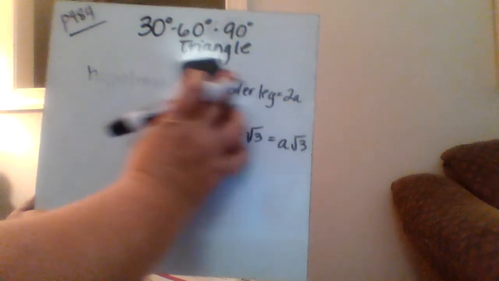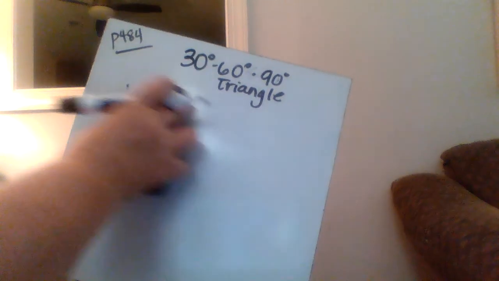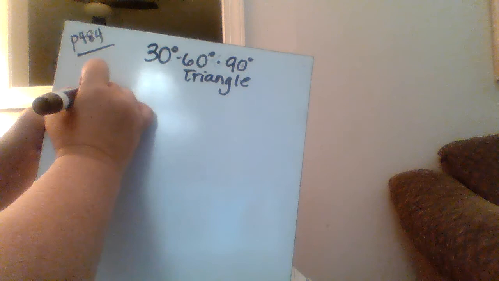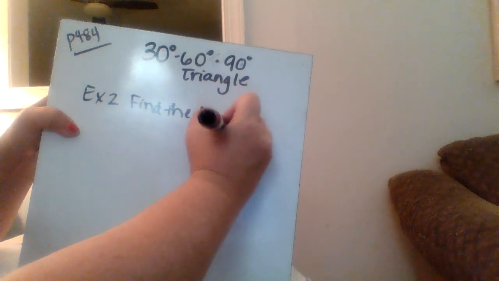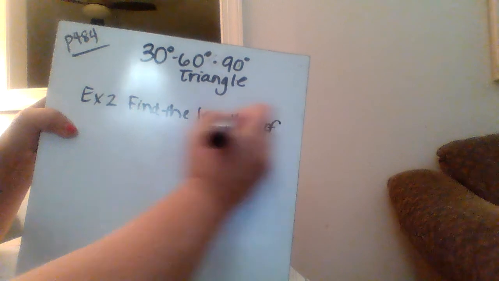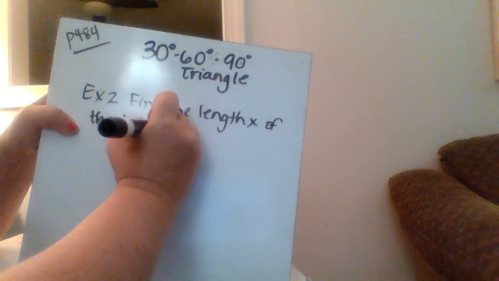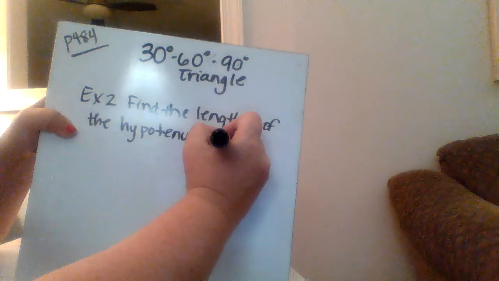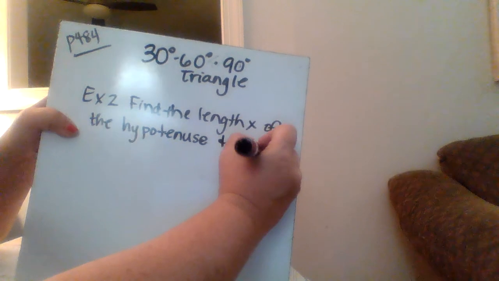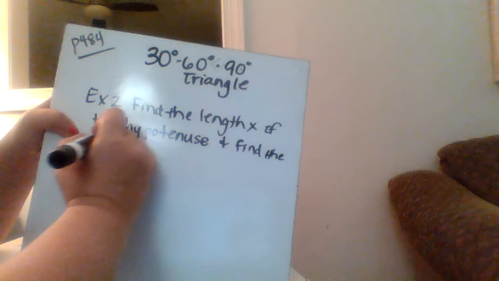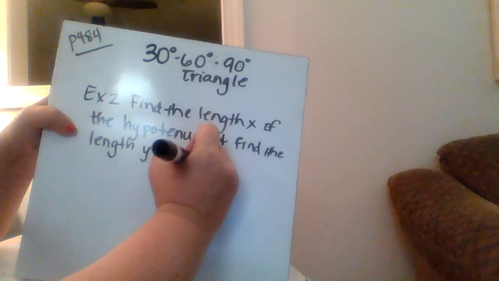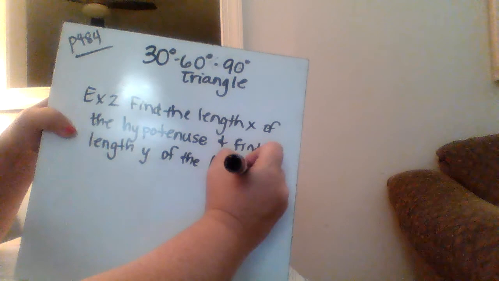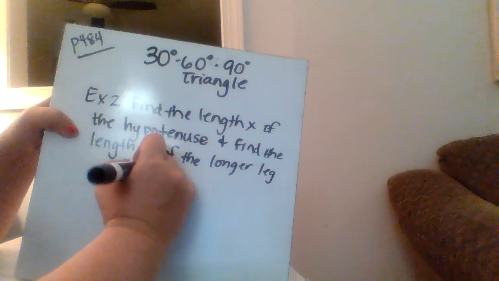In example 2, we are going to find the length x of the hypotenuse and find the length y of the longer leg of the triangle.